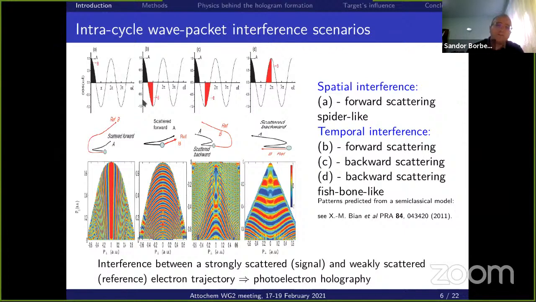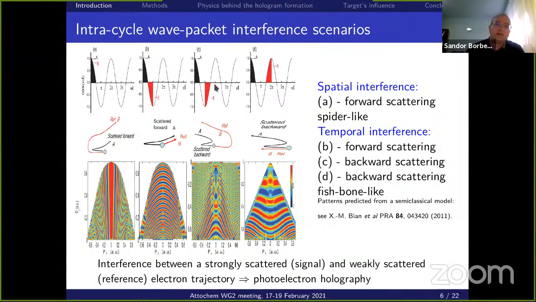The other interference scenarios can be called temporal interference because the interfering wave packets are created during different time moments. And if you have the two wave packets created in two consecutive quarter cycles of the driving field, the resulting interference pattern looks like this.